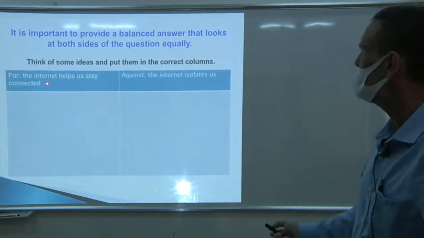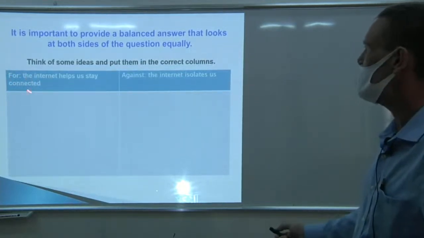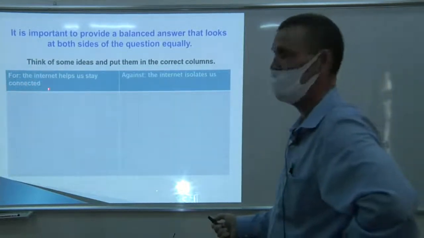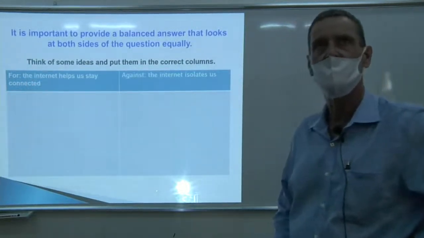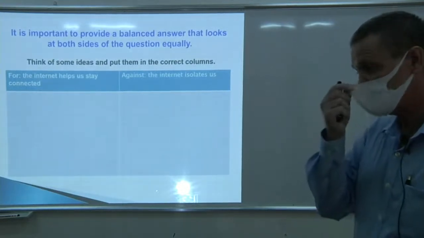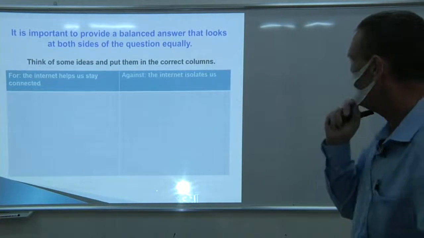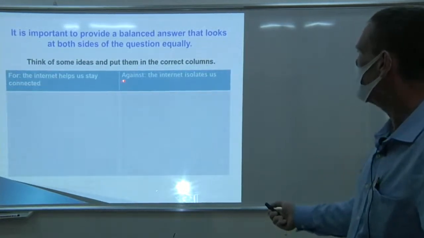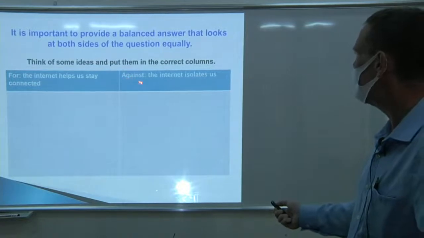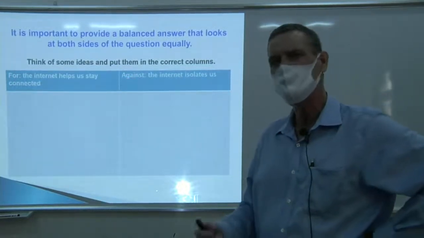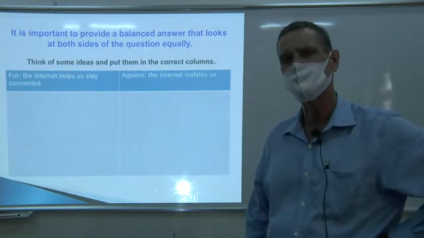Agreeing with that position. The internet helps us stay connected. That's one of the good things about the internet. It's one of the best things about the internet. Keeps us connected with people from all around the world. We're able to share information like we've never been able to before. And then you also want to complete the column, some ideas against. The internet isolates us. People are changing.